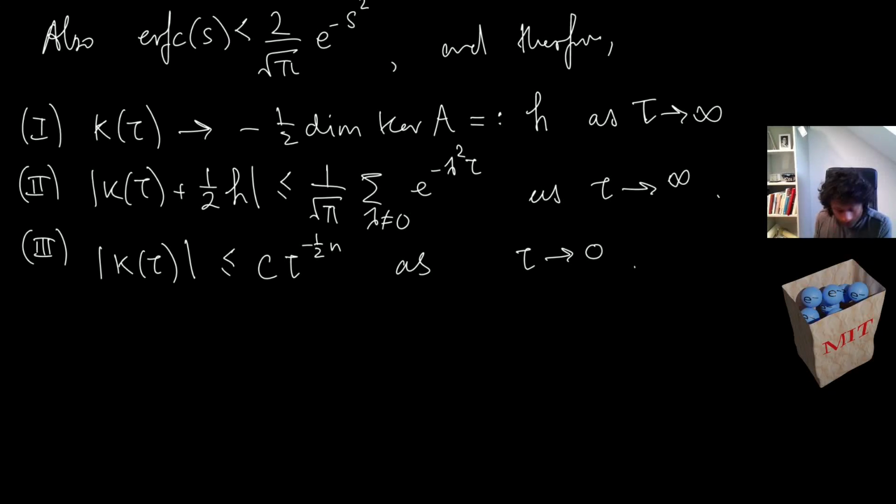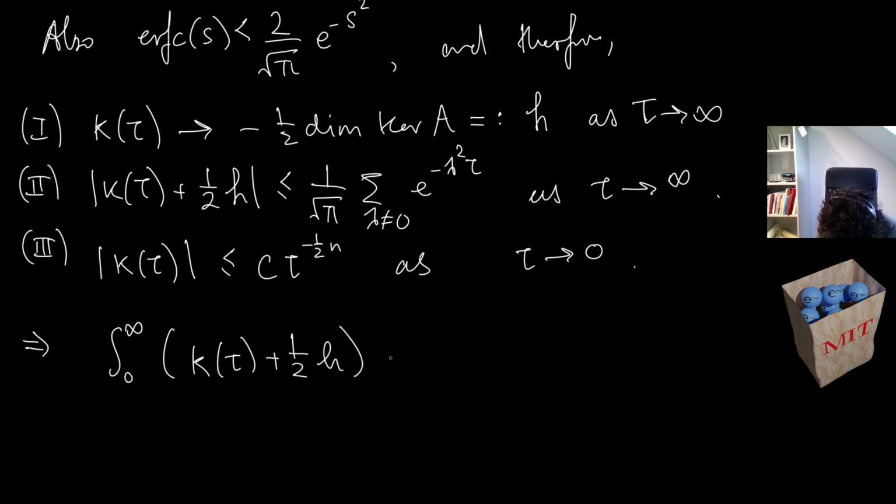So what's the point of all of this? All of this then gives us that if we integrate the quantity k tau plus a half h with a power t to the s minus 1 d tau, this is finite. Okay, so it's just to guarantee the finiteness of this integral.